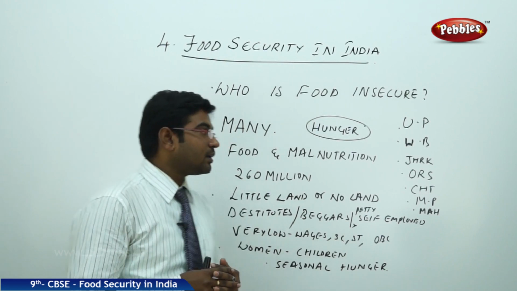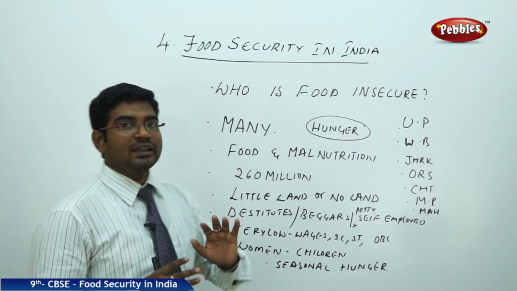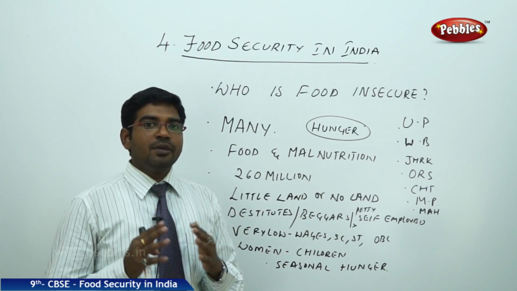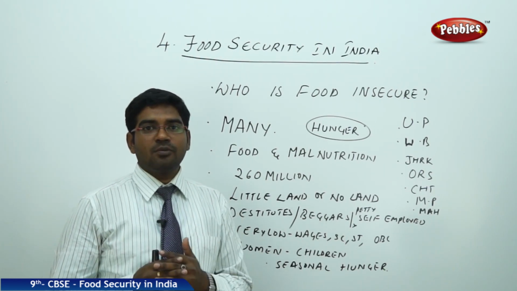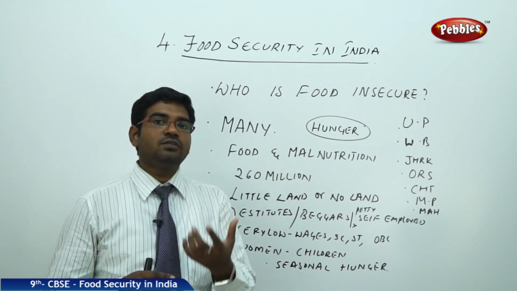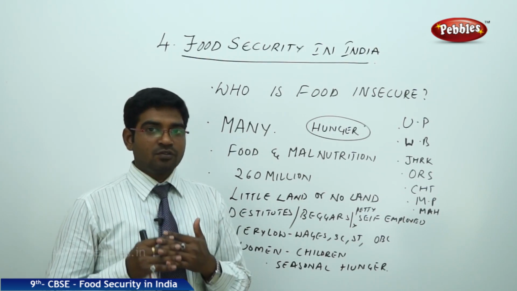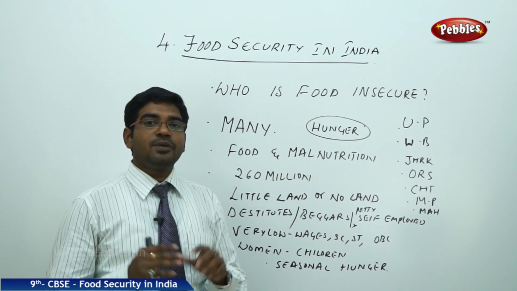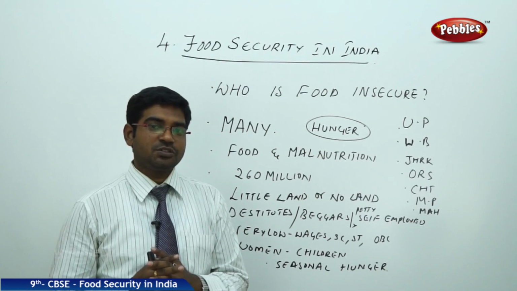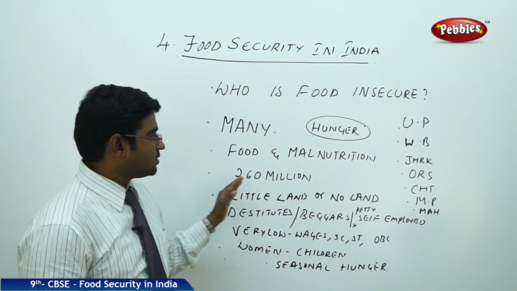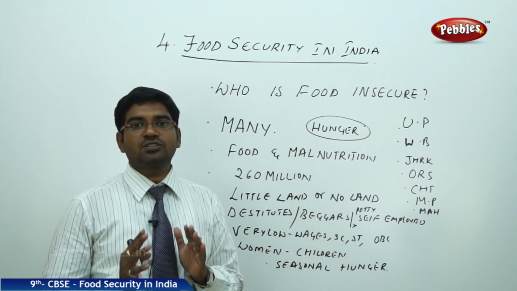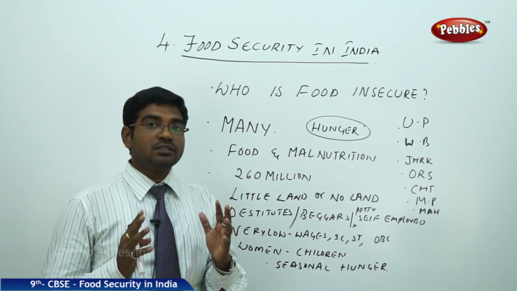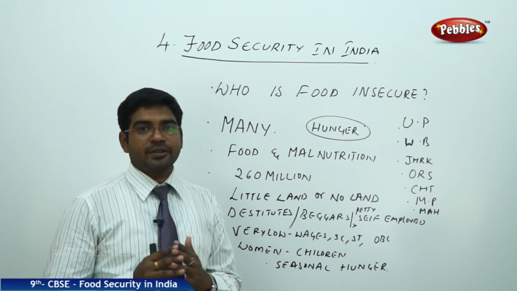There are many people in our country who suffer with poverty, maybe because food is not accessible to them, or the prices of commodities are not at a reachable level for them. As per the latest calculations, nearly 260 million people, which is 26 crore people, are malnourished in our country, and they are severely suffering with poverty.